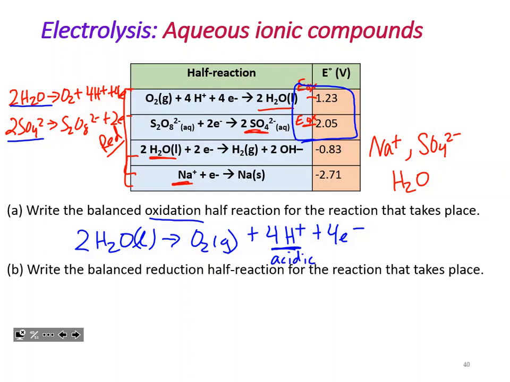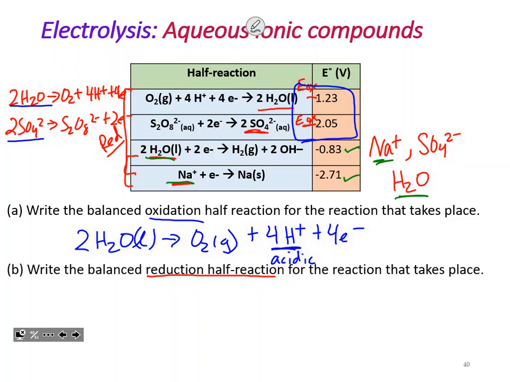So it would change indicator colors because you're producing hydrogen ions. Now, it says write out the balanced reduction half reaction. So out of the 2 that are being reduced here, we have sodium or water. Which one of those is going to be reduced at the cathode? Which one has the more positive reduction potential? This one or this one?